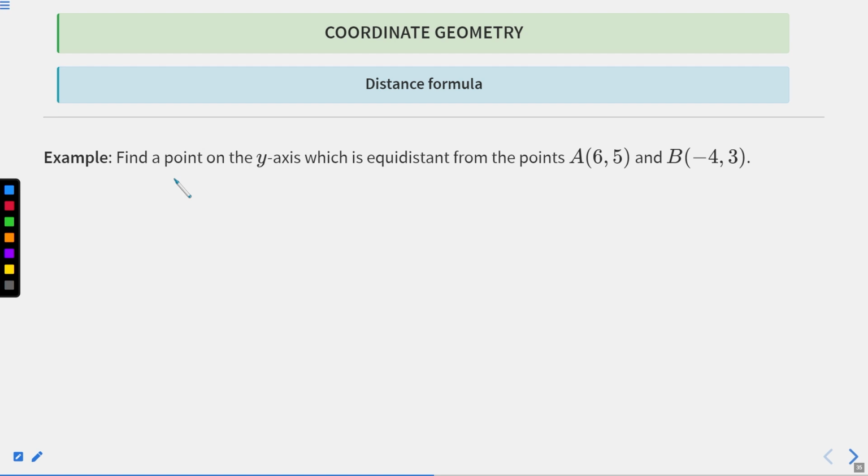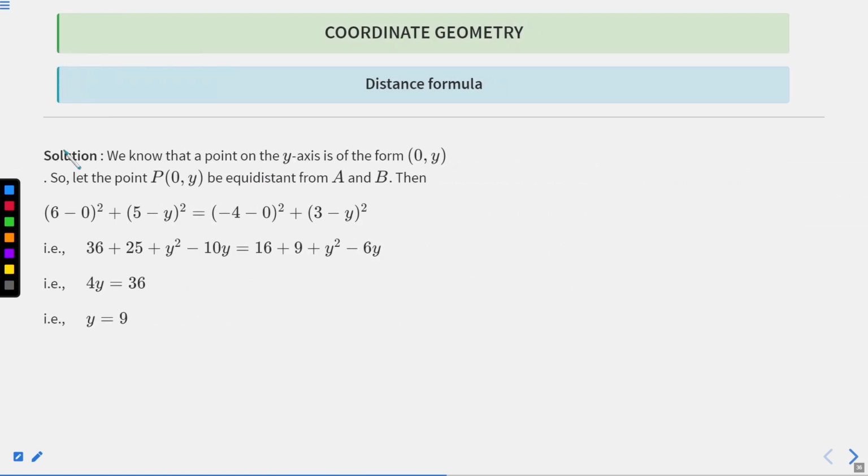Okay, and so let the point P of 0, y be equidistant from A and B, and then by distance formula, here we get 6 minus 0 whole square plus 5 minus y whole square. This is equal to minus 4 minus 0 whole square plus 3 minus y whole square.